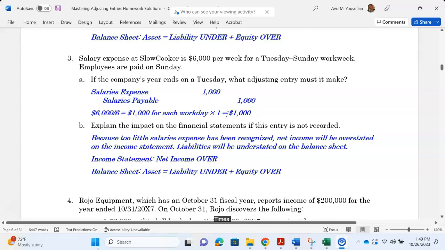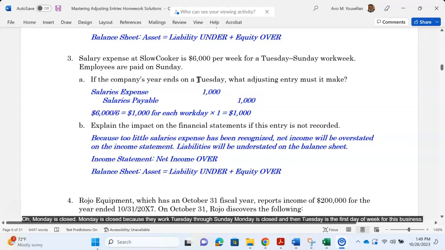Monday is closed, because they work Tuesday through Sunday. Tuesday is the first day of the week for this business. So they just miss 1 day of salary because Monday is closed. They work 6 days, so 1 day is $1,000. So salary expense will be recognized for just $1,000 and liability will be credited.